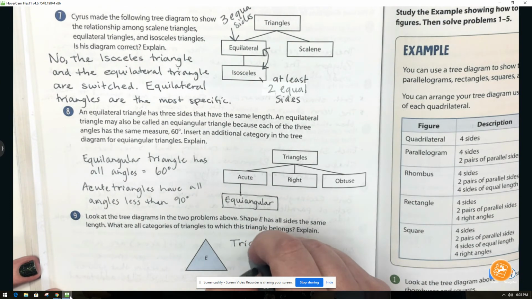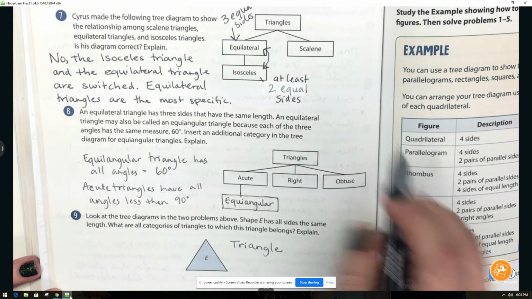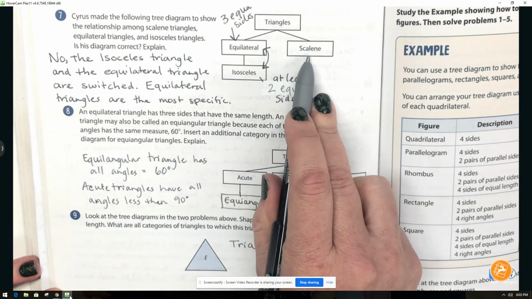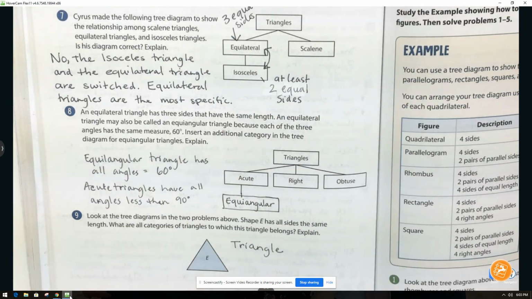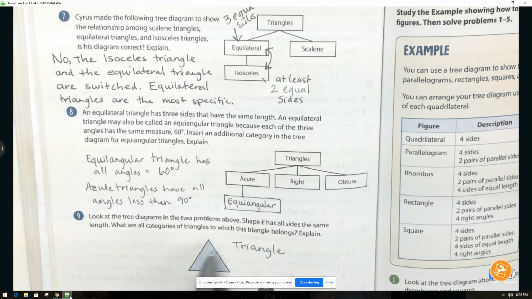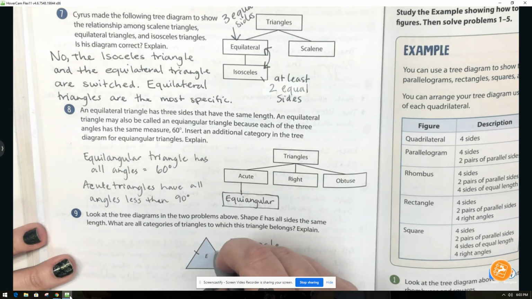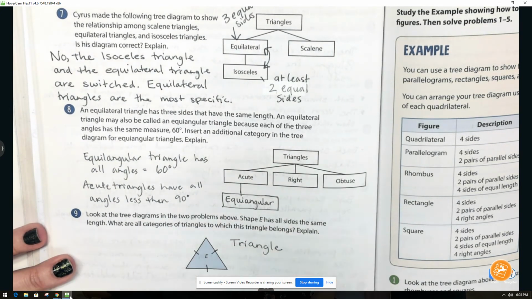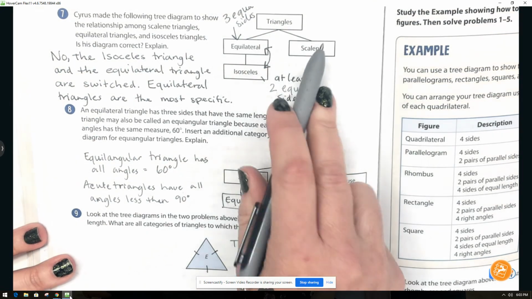Yes, so we know that this can be a triangle. Now, can it be a scalene triangle? Remember, a scalene triangle has no equal sides. Nope, we know that all the sides here are equal. So since they're all equal, we know that it cannot be a scalene triangle.